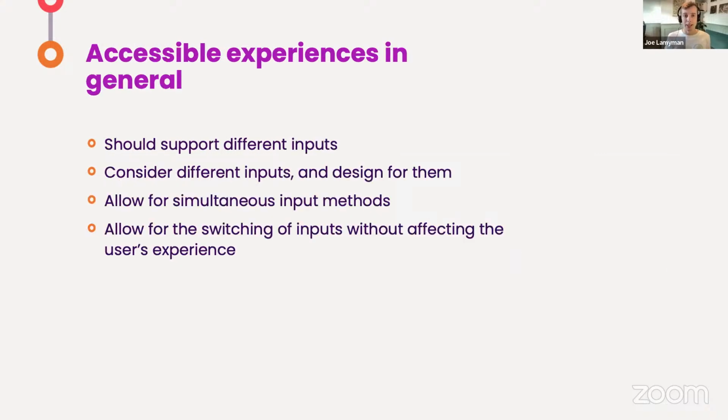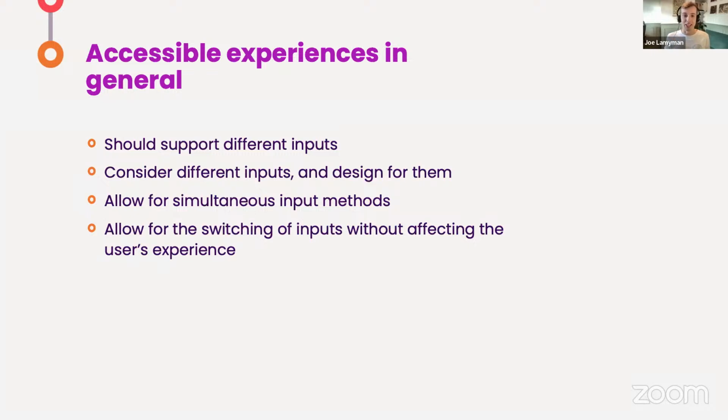In order to address this and to try and help accessible experiences in general, you can address this by supporting different input methods. So don't be reliant on motion-only controls that might come with a VR headset. Instead, make sure that you're supporting different inputs. This might be something like switch controls or an adaptive controller, but just make sure that people can use a method of input that works best for them.